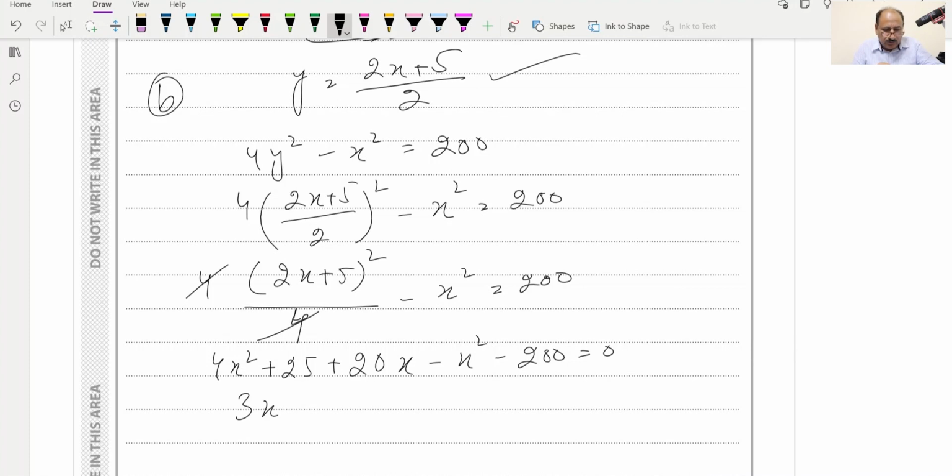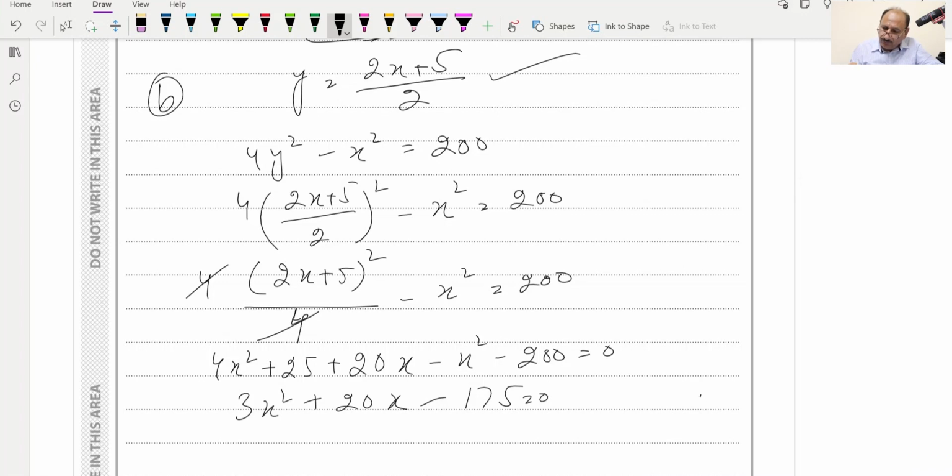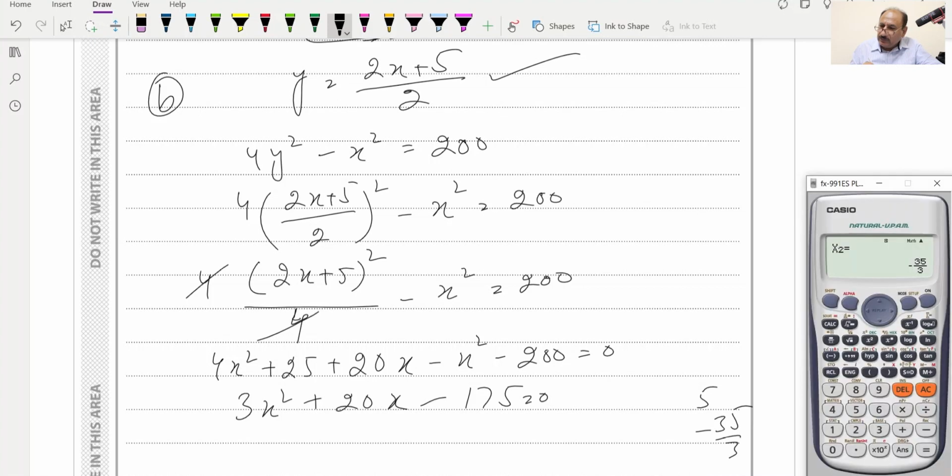This will be 3x² + 20x − 175 = 0. We can use quadratic equation mode 5 3 to solve this. The coefficient of x² is 3, the coefficient of x is 20, and the constant is −175, and this gives us 5 and −35 over 3.